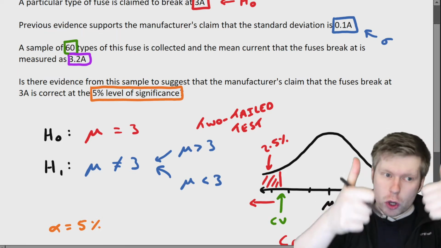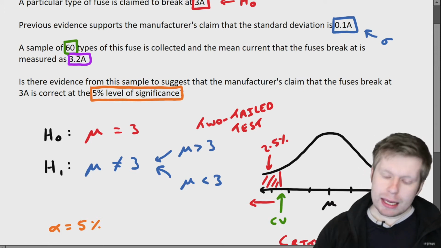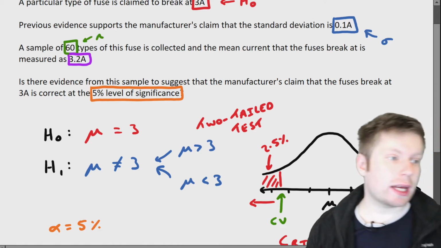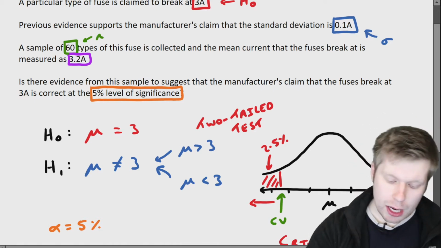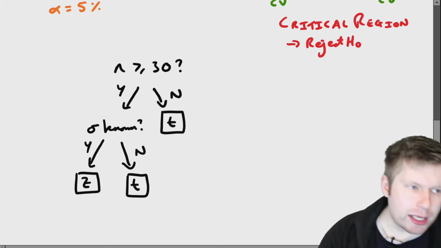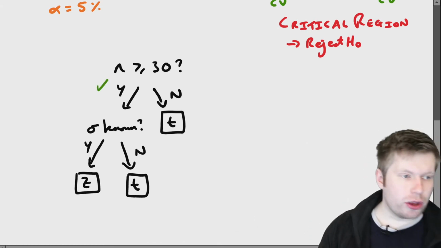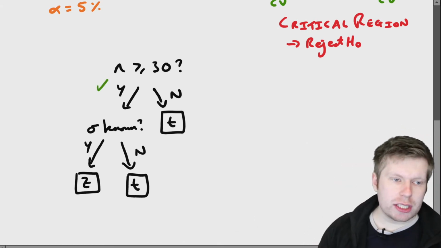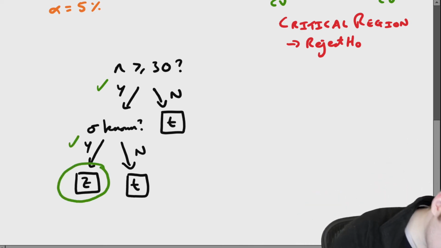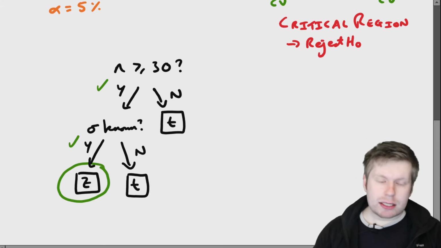So in other words, I do know the population standard deviation. Now I look at my sample size. Well, look, my sample size in this case is 60 because I collected 60 of the fuses. So now I can come down here. Do I know that my sample size is greater than or equal to 30? Yes, I do. Do I know my population standard deviation? Yes, I do. It's 0.1. So therefore, in that case, I can jump in and use a z-test, okay?